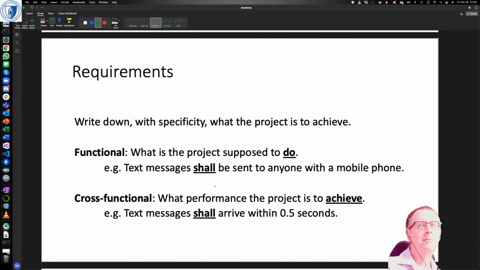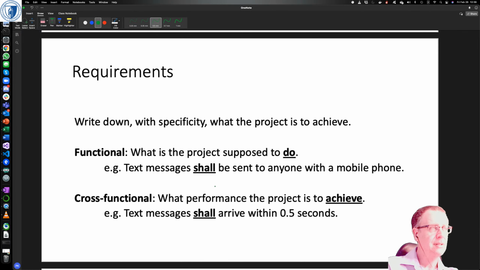And the cross-functional requirements are often called ilities. Reliability, dependability, security. They touch not just a particular part of the system, but they generally impact on the system as a whole rather than individual pieces of it.